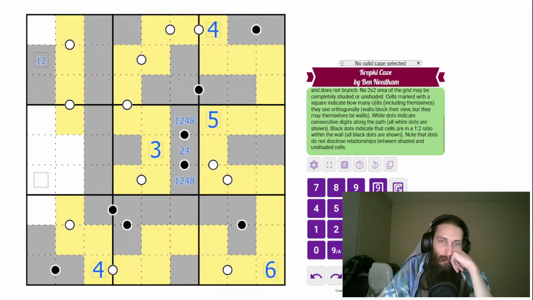Cells marked with a square indicate how many cells, including themselves, they see orthogonally. Walls block their view, but they may themselves be walls.